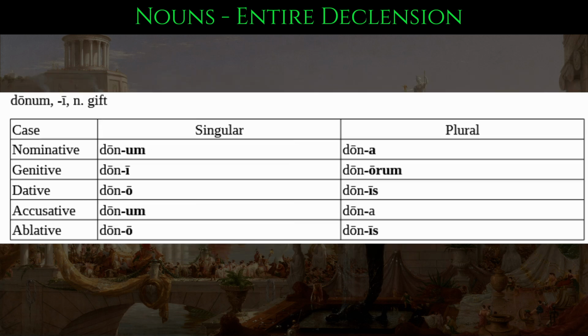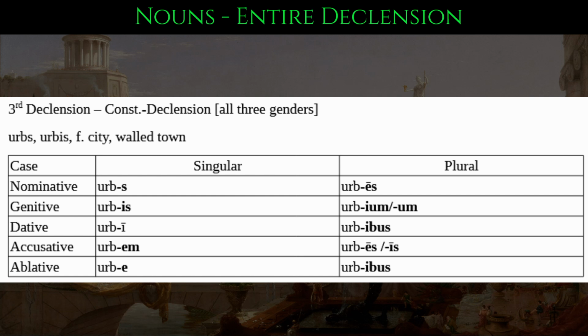Now, the same declension, but this time with a neuter word. Donum, doni, dono, donum, dono, dona, donorum, donis, dona, donis.